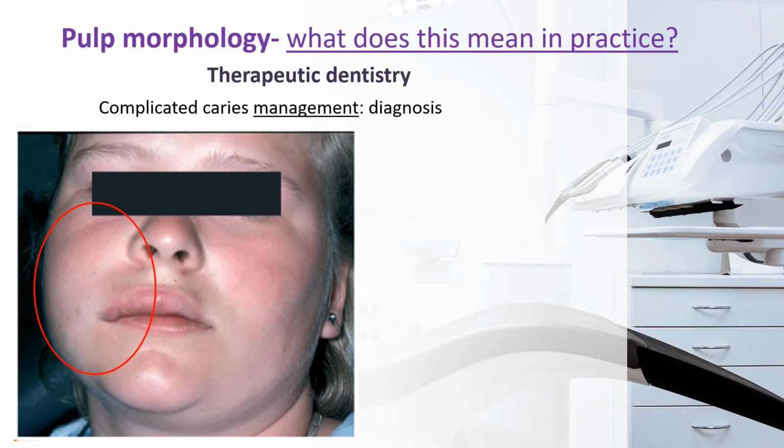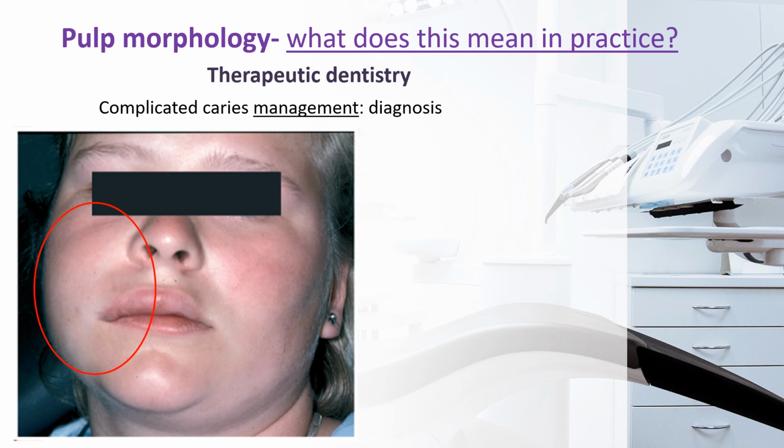If we see an adult patient with a swollen cheek, what is the most widespread diagnosis? Complicated caries. And a more precise diagnosis? Apical periodontitis.